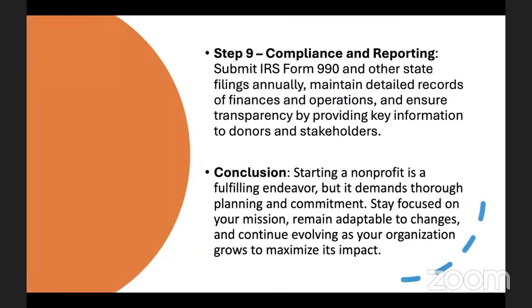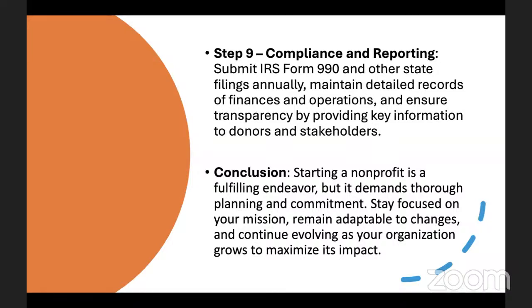Step 9, compliance and reporting. Of course, now that you have your nonprofit organization established with the paperwork and everything, you have your board of directors, you're doing everything that you're supposed to do. Now you submit your IRS Form 990 and other state filings annually.